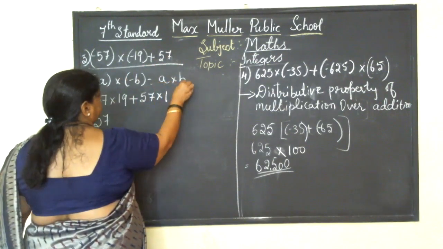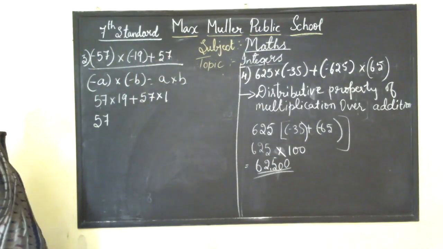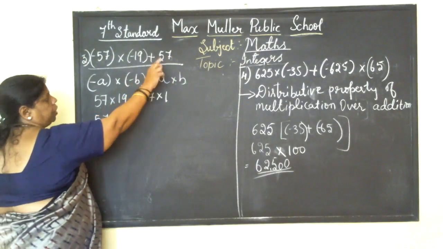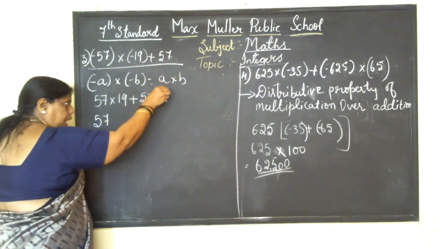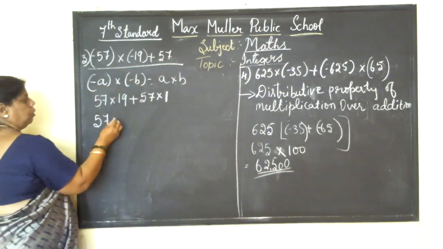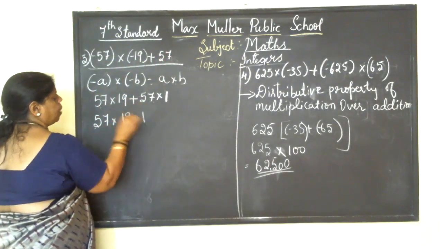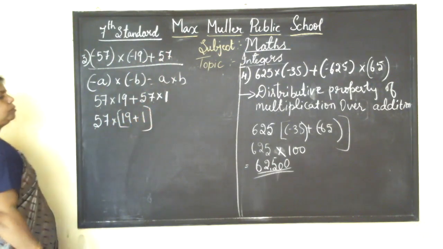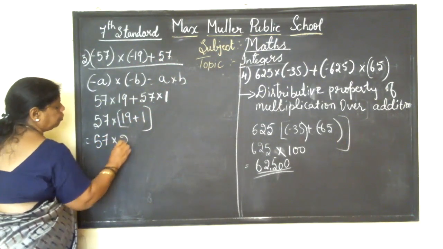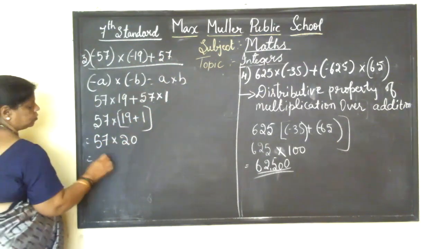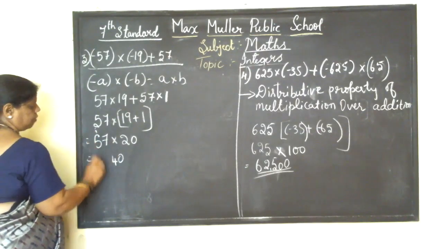We have taken A into B, so 57 into 1. Got it? Here A into B is there, but here only one number is there. So we have multiplied that with 1. So 57 common into 19 plus 1 is equal to 57 into 20.